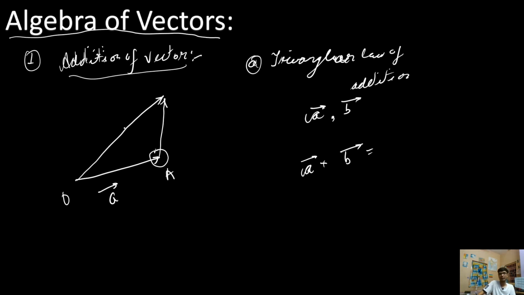Then you get the quantity represented as A vector plus B vector.